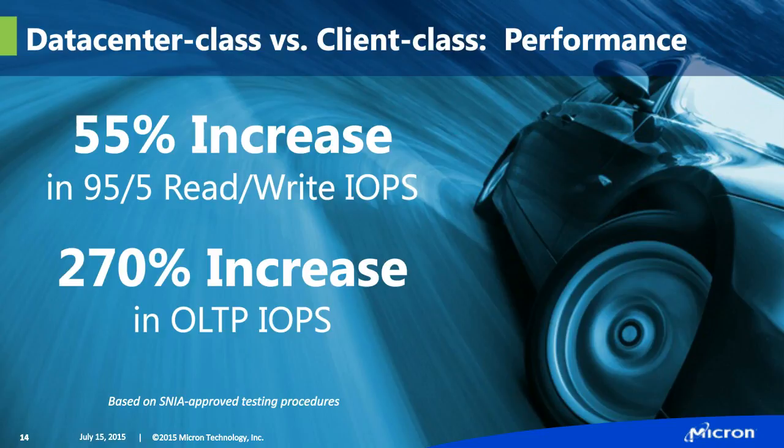In both workloads, the M510DC data center drive outperformed the industry-leading client drive by a staggering amount. In the 95/5 read-centric workload, the M510DC increased the throughput by 55%, and in the OLTP workload, which is obviously a little more write-heavy, the M510DC increased the throughput by an impressive 270%.